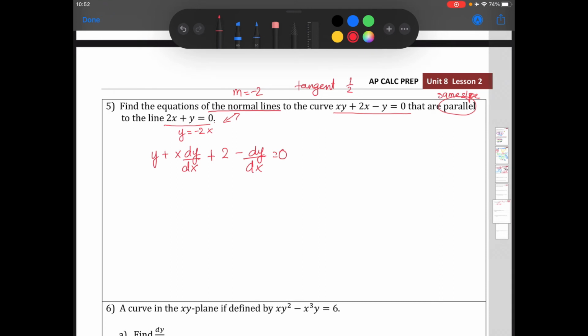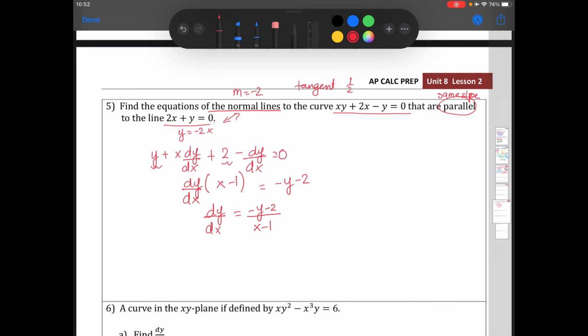I want to solve for dy/dx. So I'm going to factor out dy/dx, and I'm left with x minus 1. And I'm going to move these two onto the other side, which would be negative y minus 2. So dy/dx is equal to (negative y minus 2) over (x minus 1).